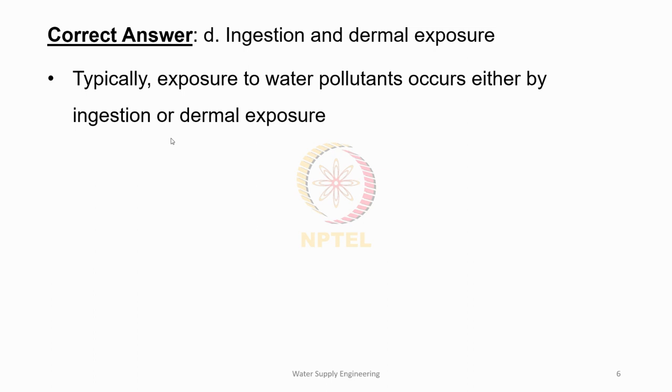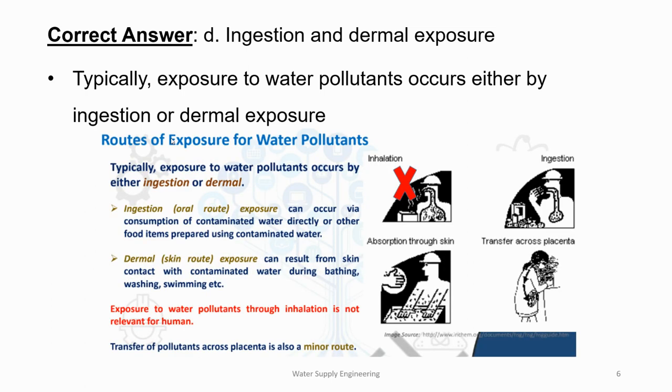Ingestion means through mouth, and dermal exposure is through skin. So either through skin or an intake through mouth will cause an entry of water pollutant into a human body. So the routes of exposure for water pollutants are: typically, exposure will happen either by ingestion or by dermal.